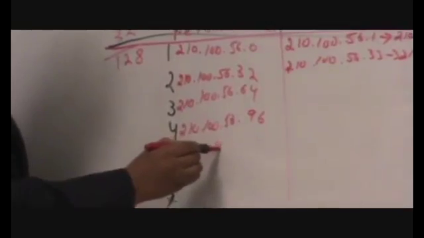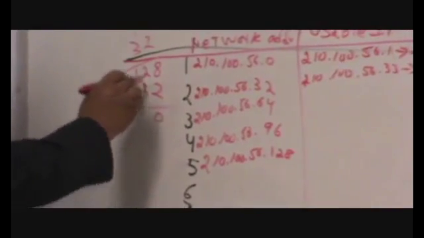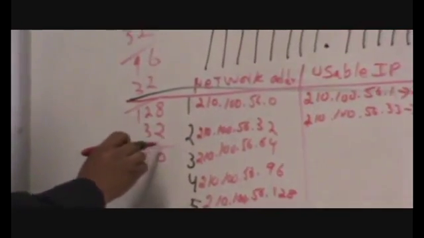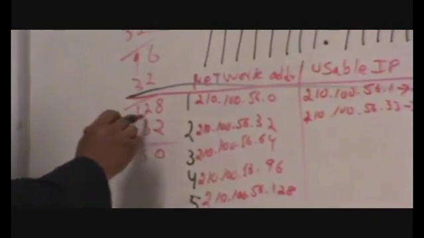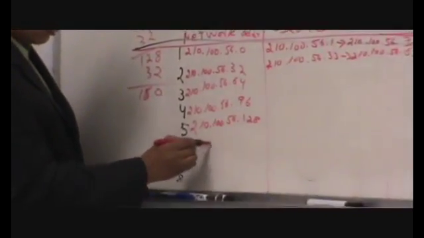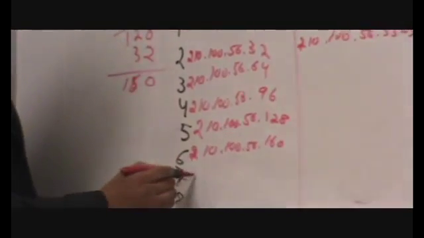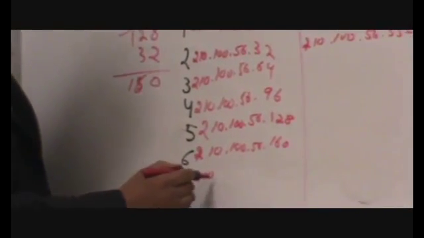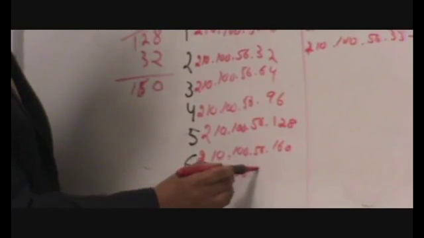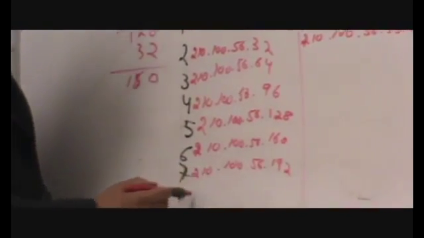So 210.100.56.128, and plus 32 is 160. 210.100.56.160, and my following network would be 210.100.56.192.